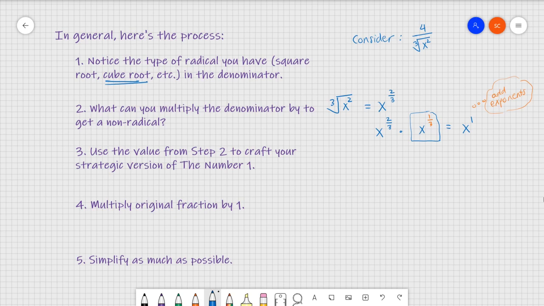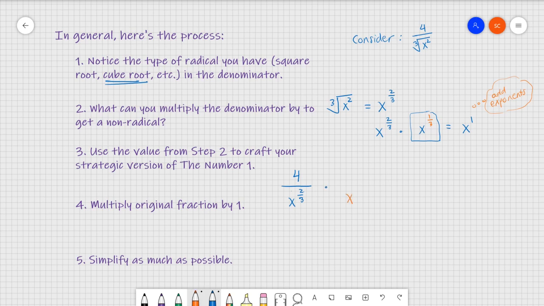So let's craft our strategic version of the number 1 and multiply. And I'm going to keep fractional exponents here for a second. So here's my original, 4 over x to the 2/3, times, and here comes my strategic version of the number 1.